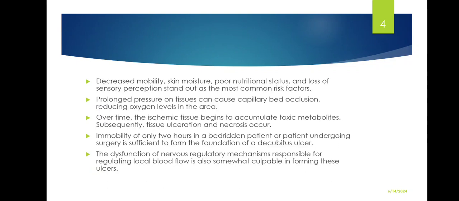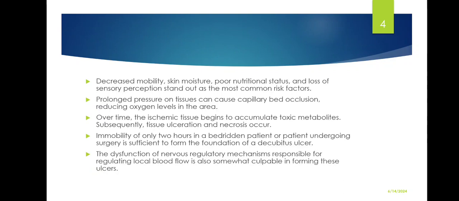Decreased mobility, skin moisture, poor nutritional status, and loss of sensory perception stand out as the most common risk factors. These are commonly seen in chronically ill patients. Prolonged pressure on tissues can cause capillary bed occlusion, reducing oxygen levels in the affected area.